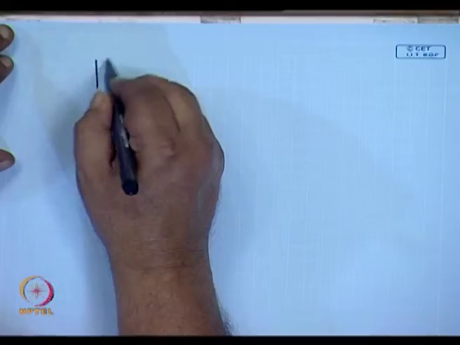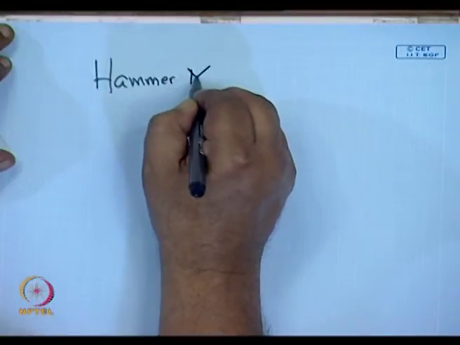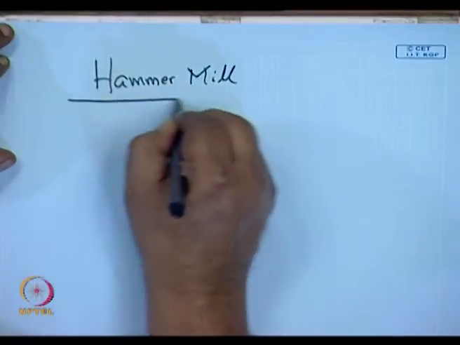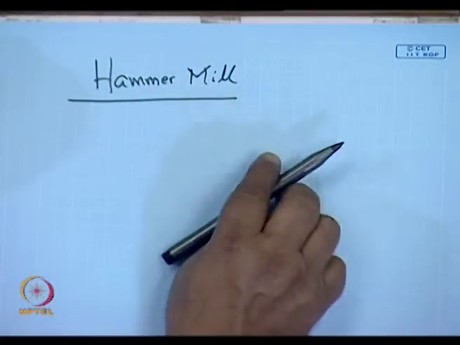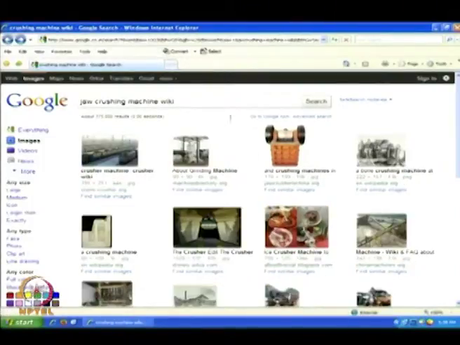There is another type of crusher which is a very effective one, which is called hammer mill. Now, each of these descriptions you can find out by simply using your images form. I am using Google Images.